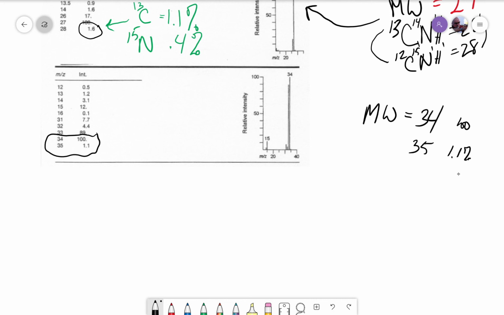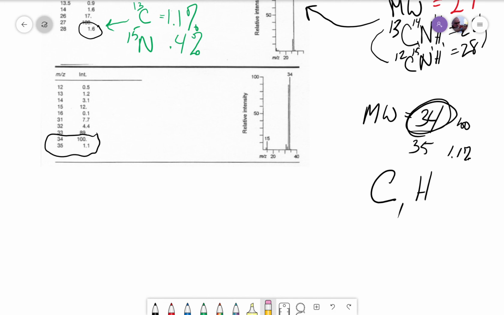Well, that's pretty clearly a case for the only thing that's going to make an M+1 peak at 1.1%, which is one carbon. So if we have one carbon and we have some hydrogens, we just have to come up with what is going to get us to a total weight of 34. I guess we could do 33 hydrogens, but you're going to have a heck of a time writing an empirical formula or a Lewis structure for that.